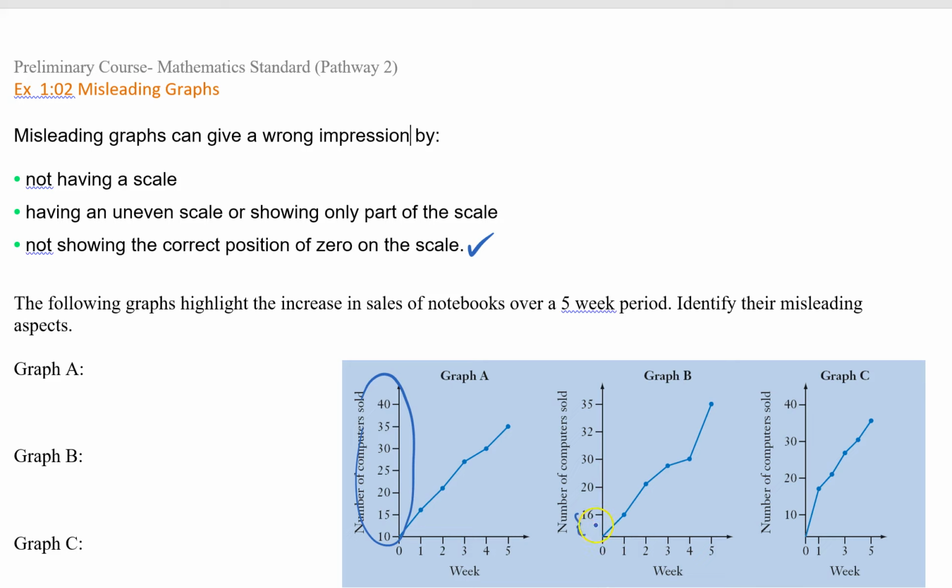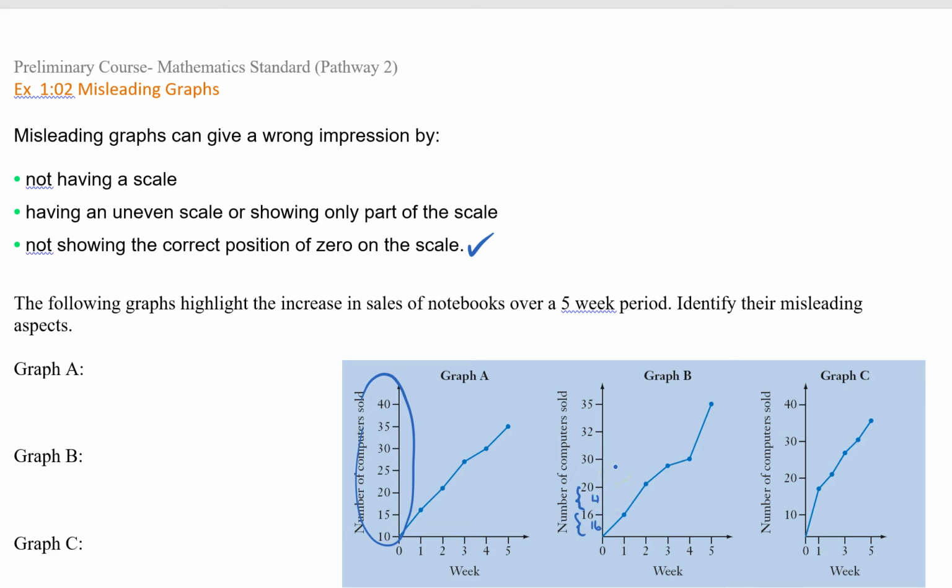But it's saying that this space is 16. It's then saying the similar space is now only worth 4. From 16 to 20 is 4, whereas from 0 to 16 is 16. This is extremely incorrect. When we're constructing a graph, we know that that is not allowed.